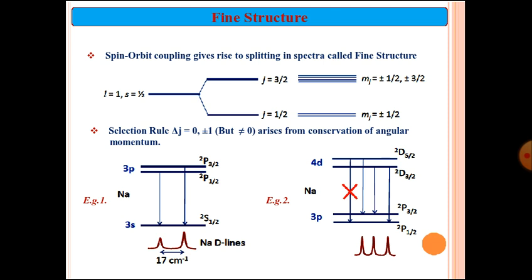For the lower state, S state, L equal to 0, so J equal to 1 by 2 for a single term only. The selection rule delta J equal to 0, plus or minus 1 but not 0 to 0, arises from conservation of angular momentum.